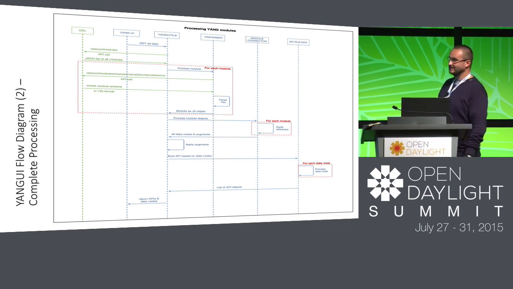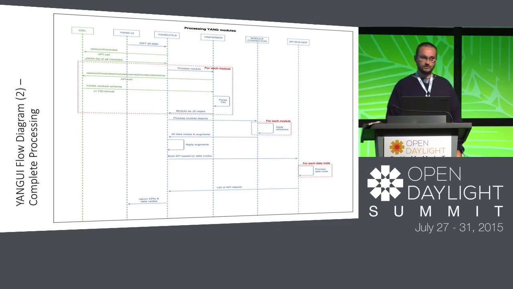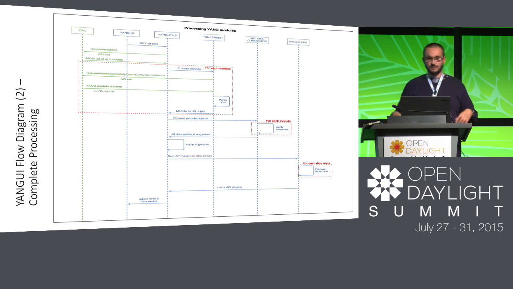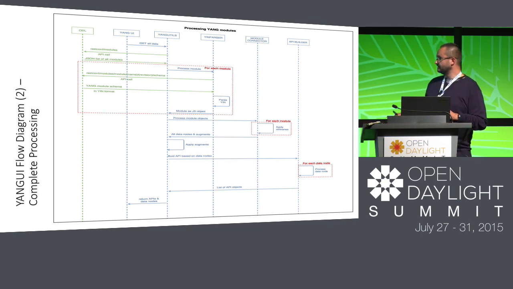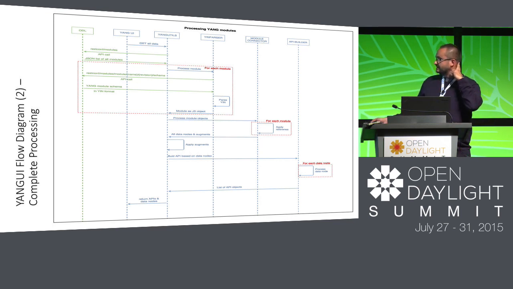But I took note at this ODL summit to provide better documentation for all these methods in the YANGUI utils. We are preparing something. You've got to fling this up to the wiki, seriously. Okay. Right now, do we have time? Can you just post it?